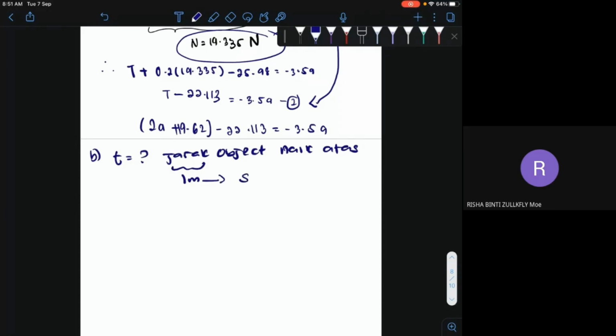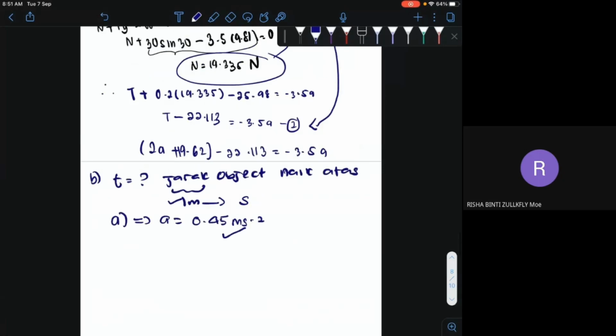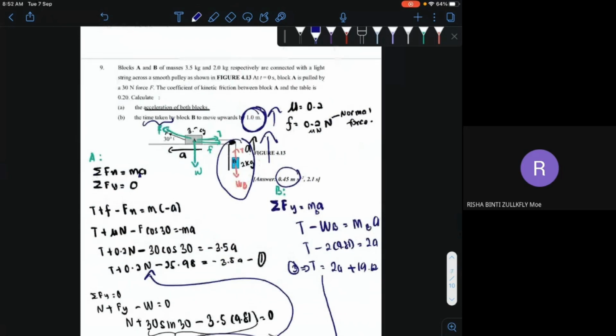And based on question A, kamu dah cari acceleration kamu. Acceleration is equal to 0.45 ms negative 2. So acceleration ada, displacement ada, kamu nak cari T. So kita tengok lagi dekat soalan. Do we have any other information?